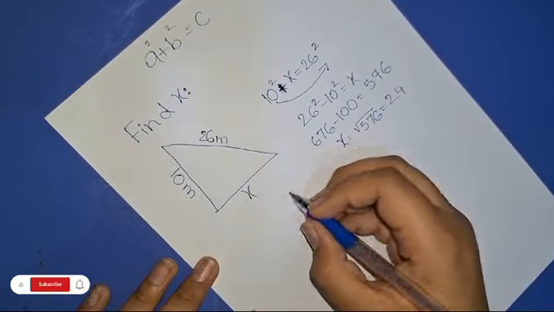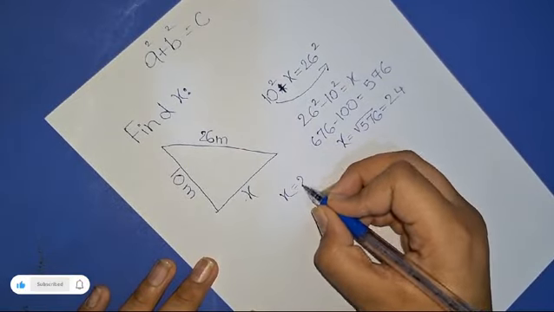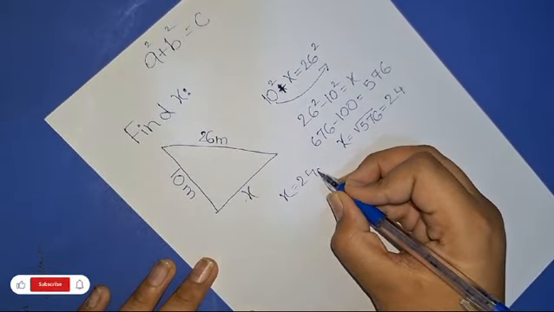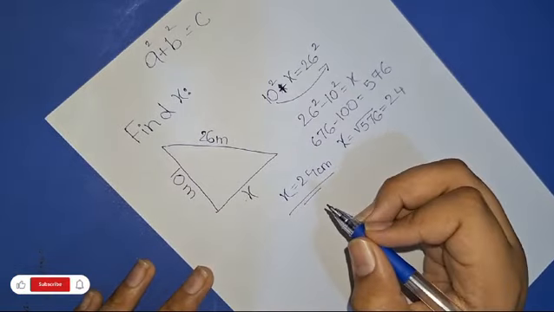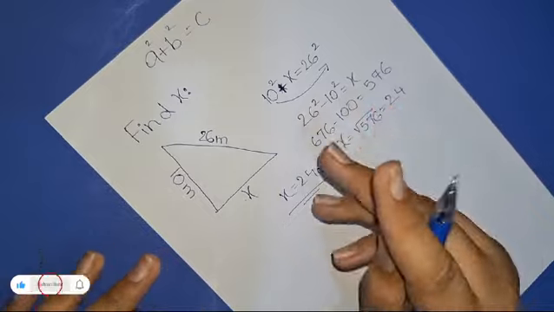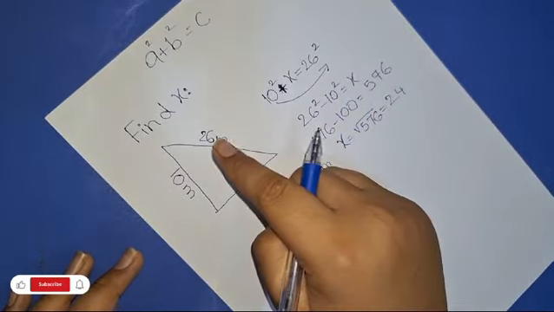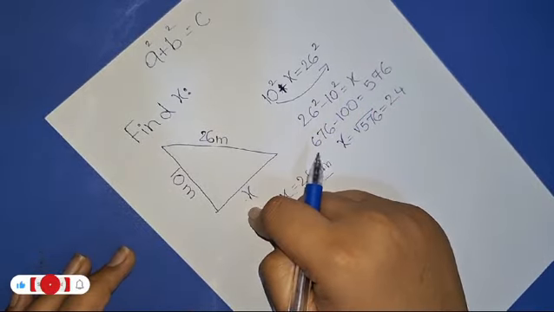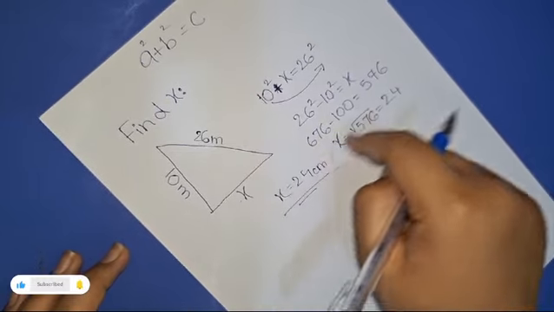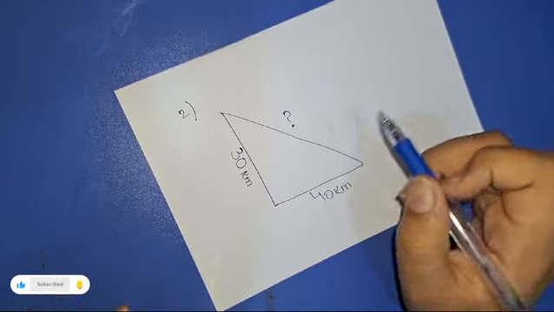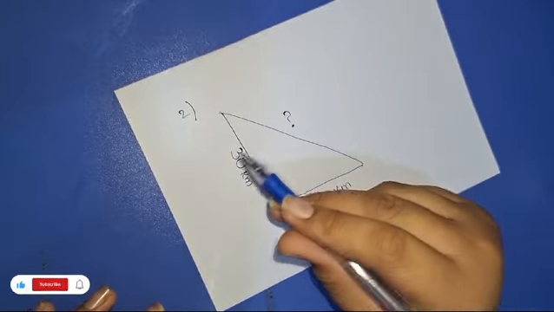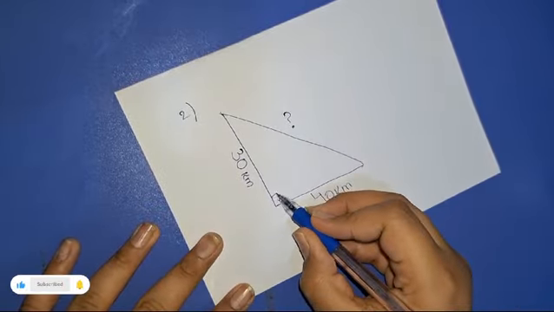So the base, x, equals 24 meters. This was also an example of a Pythagoras theorem question, but in a different way, as here we don't have to find the hypotenuse, we have to find the base using the same theorem but just inversing it.